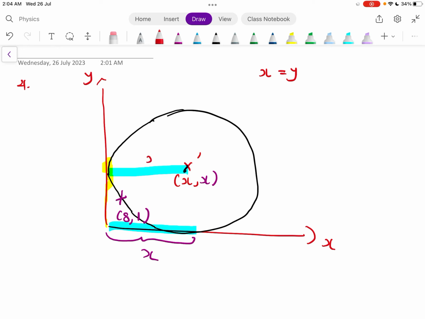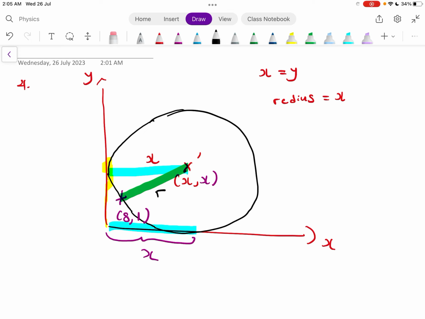So the radius, I'll call it x. So the radius is equal to x. Next, I'll make use of the 8, 1 to help me solve. From this point 8, 1, which is on the circumference of the circle, to the center of the circle, this is also the radius of the circle.